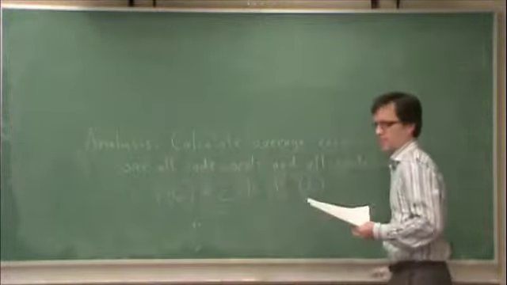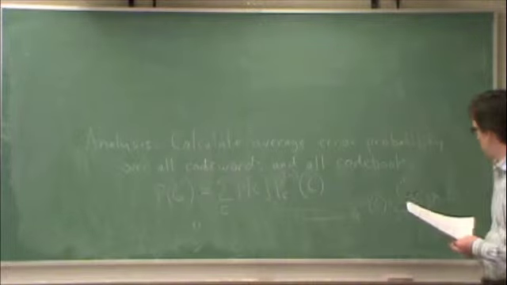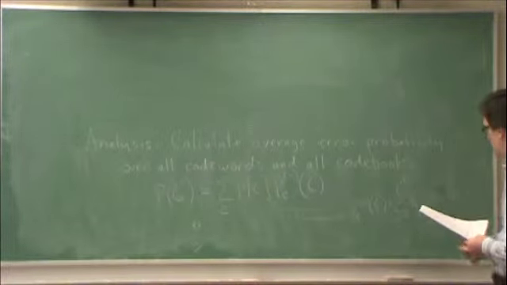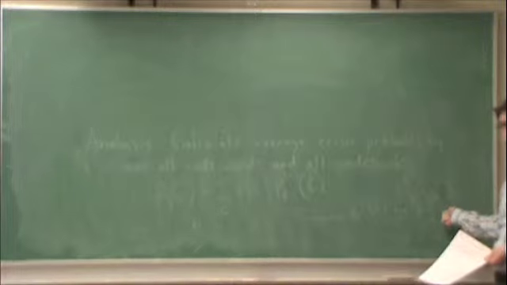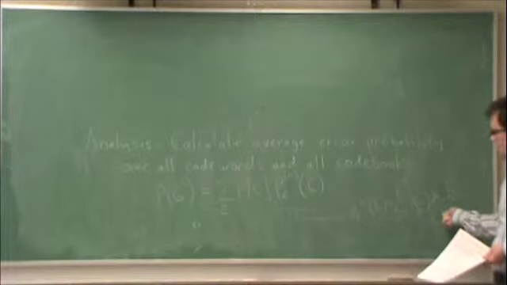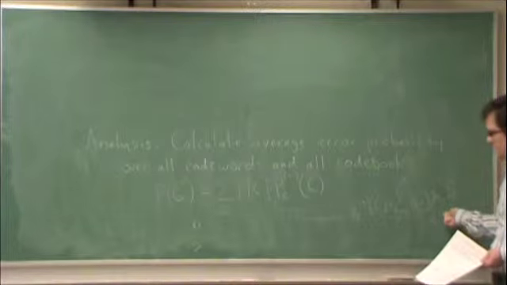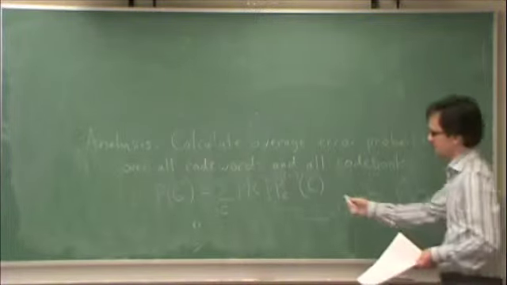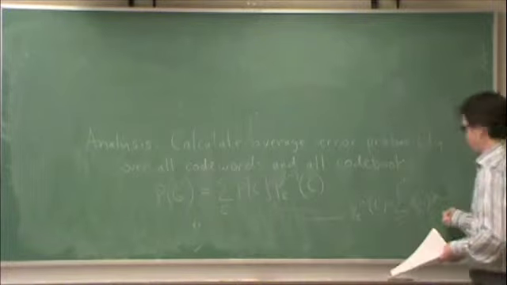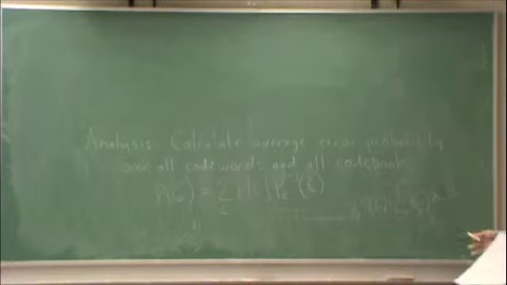Excuse me, could you explain this formula you have there? Right here? Yes, that's the error probability of all messages in a code book? Yes, so this is the average error probability over a given code book. So if I specify the code book, then this is the average error probability of that code book.